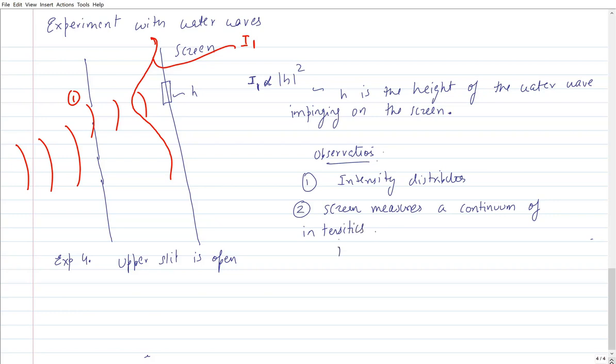So, for example, H can be 0.7 over here. So what do I do? I repeat the experiment again with the bottom slit open.